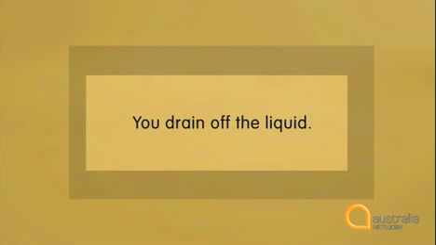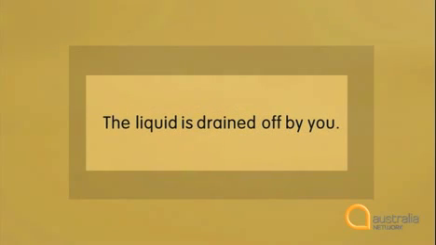In this sentence, we know that drain off is the verb, you is the subject, and the liquid is the object. So, to form a passive sentence, we'll need to turn the sentence around into object, verb, subject. Notice that we add the word by. The liquid is drained off by you.